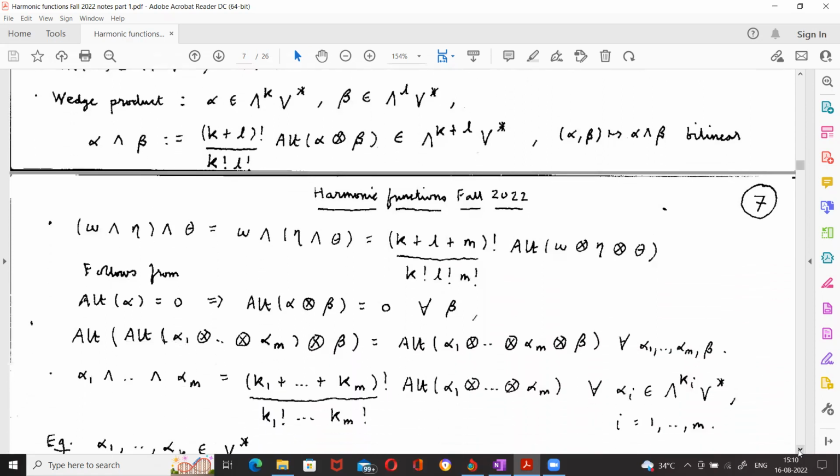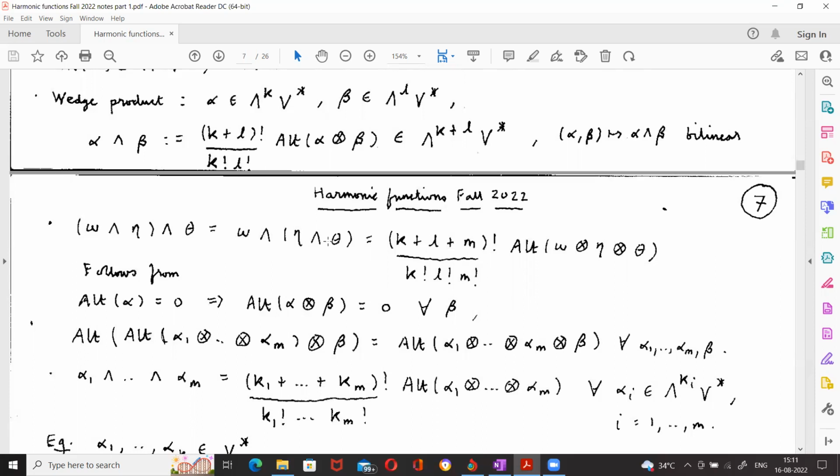And then you can show, I won't do this, but it's not hard to show, the wedge product is associative. And we can give a formula for the wedge product of 3 alternating tensors. So omega wedge eta, the whole thing wedge theta, is the same as omega wedge in brackets eta wedge theta.